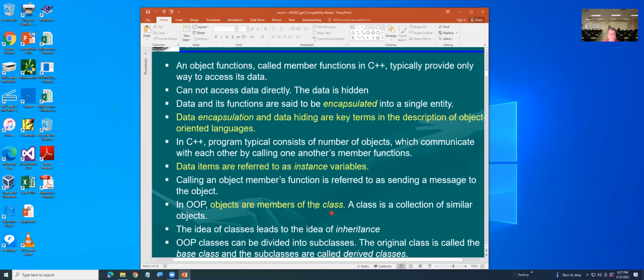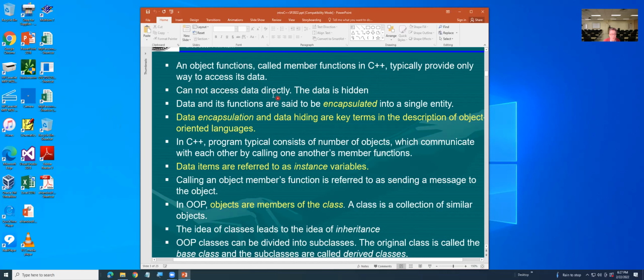The next one, an object's function. That's what they call a member function in C++. It typically provides the only way to access its data. That means if you cannot get into your account, then you cannot get money. You cannot access the data directly, okay, no way.